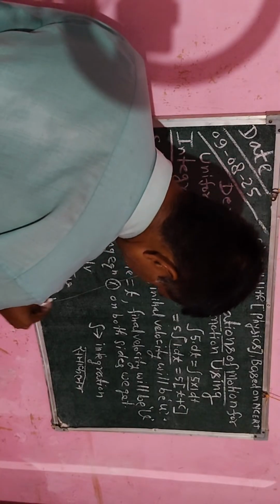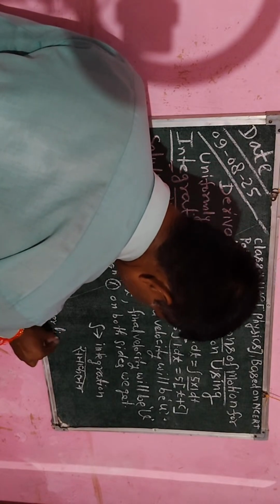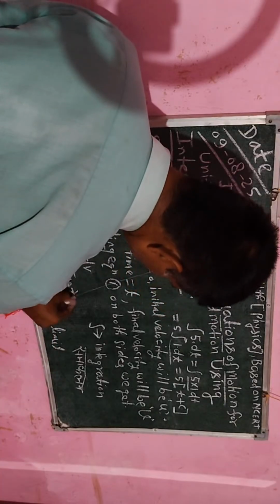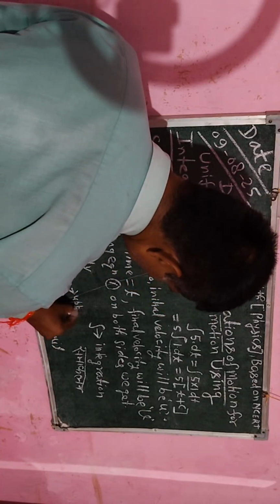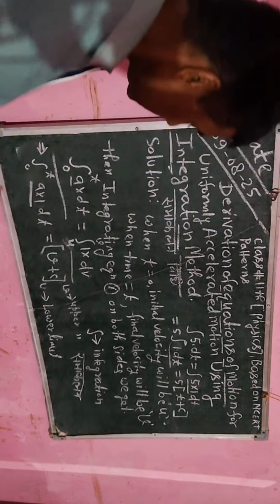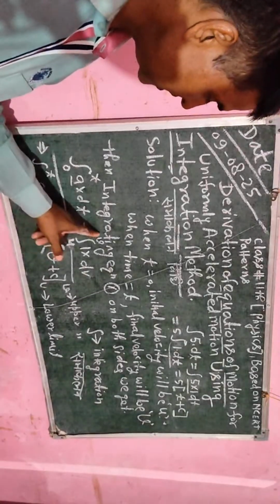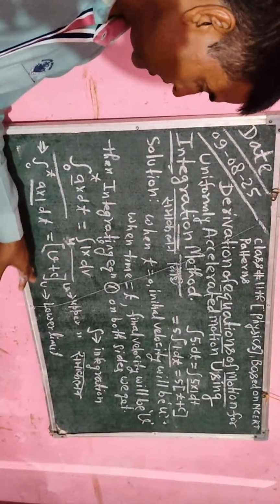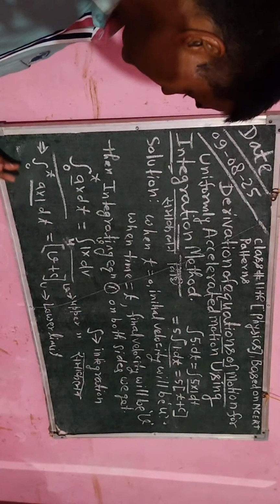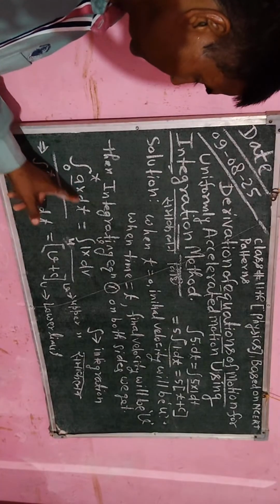Upper, lower limit, and this will be the upper limit. Okay, so here I will say u is the lower limit and v is the upper limit. So here I have written in detail, and in this term I am integrating a into dt.